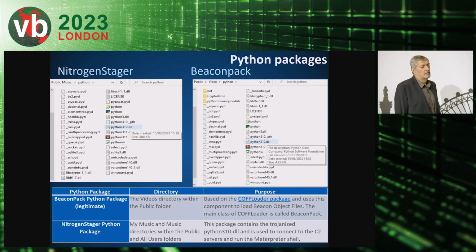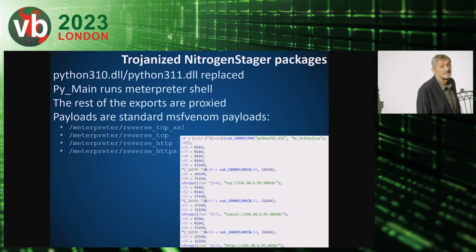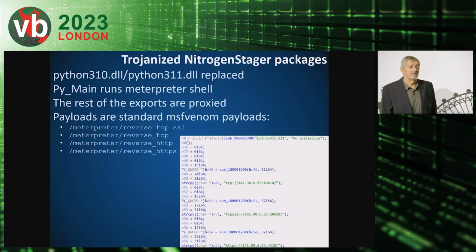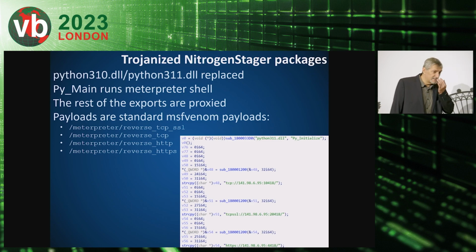I don't know exactly the purpose of the clean and legit package. Probably during the hands-on sessions, the attackers would like to use it for actually executing Python scripts, because the Nitrogen stager modified package is not viable to execute anymore. Because they modified it, the original Python DLL has been replaced.